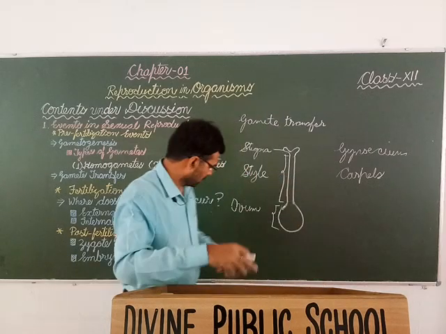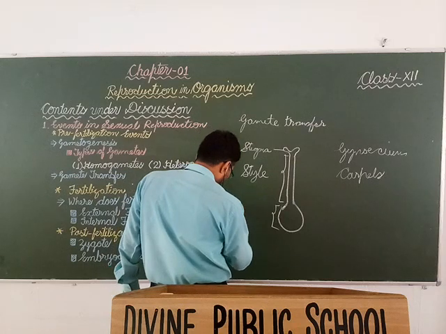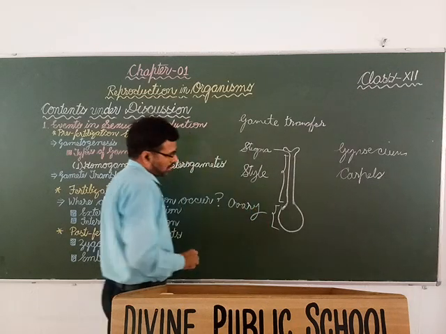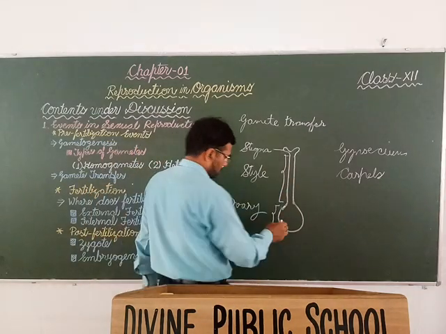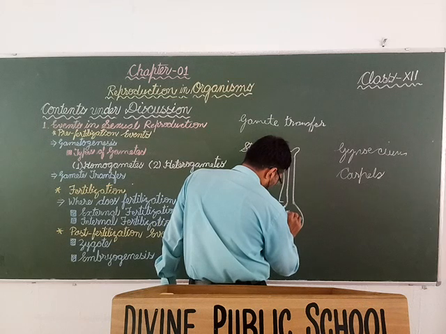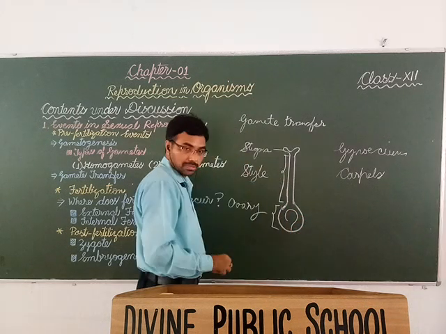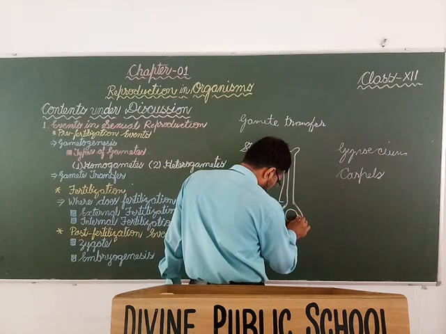Sorry, it's not ovum, it's ovary. Now, inside the ovary, there is a structure. Yes, tell me the answer. What is the name of this structure? This is called ovule.